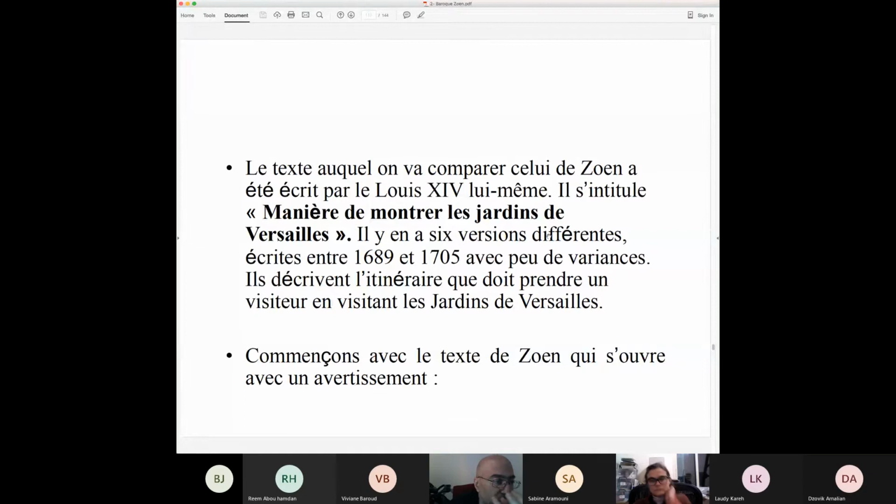Again, attempting to understand its basic presuppositions. And the second text was written by Louis XIV. Of course, you know who he is, the so-called Sun King. And the text was written by the king himself, by the way. And it's entitled Manière de montrer les jardins de Versailles. Ways of showing the gardens of Versailles.